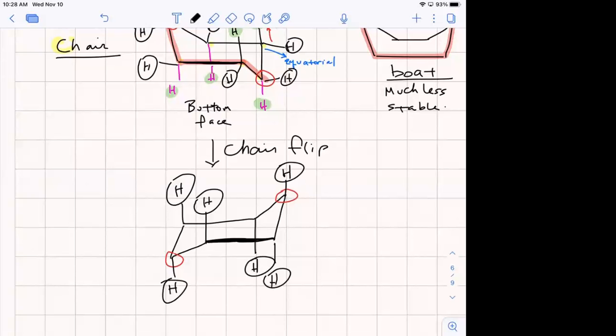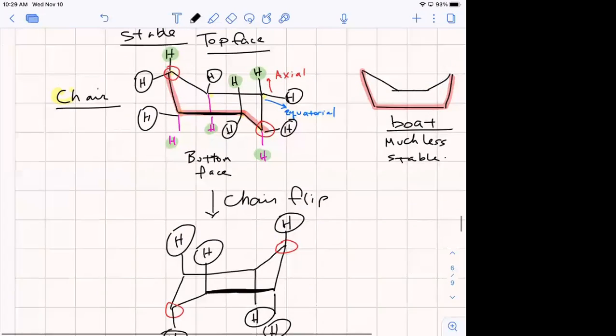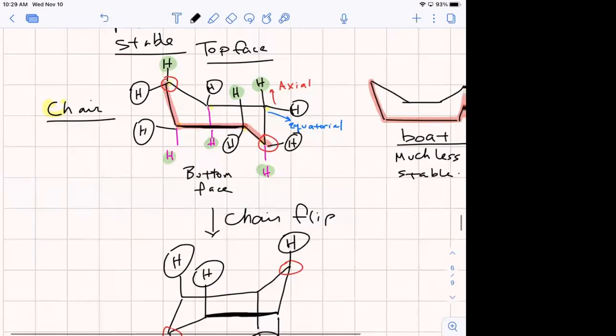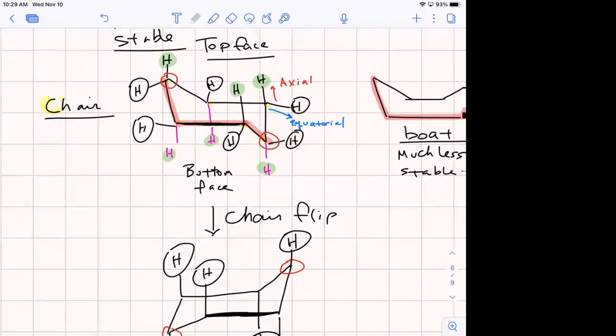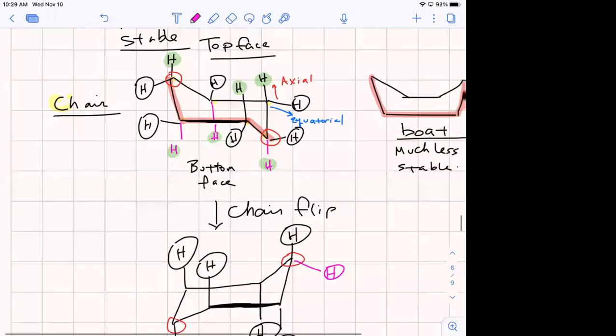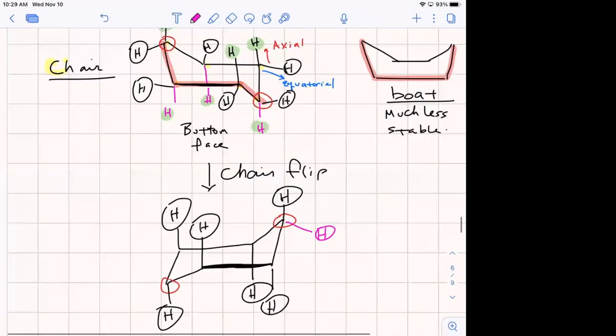And then the ones that were axial are now going to be equatorial. So that's equatorial, and that's equatorial, and this is also equatorial like that.